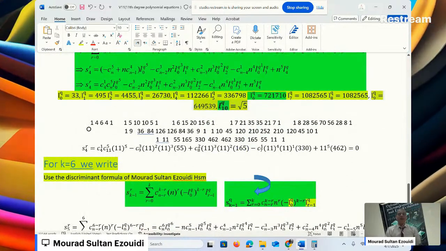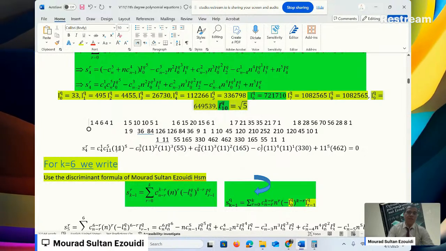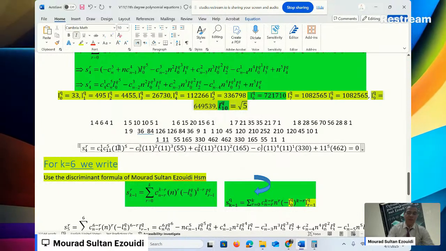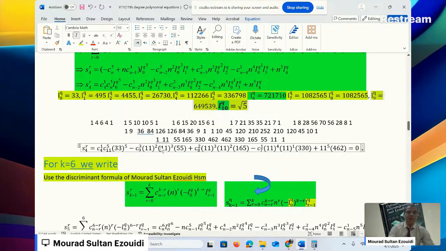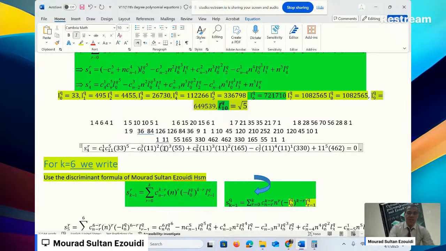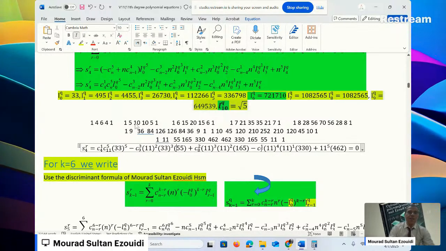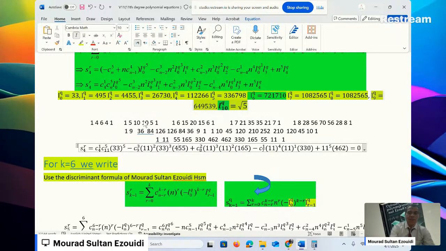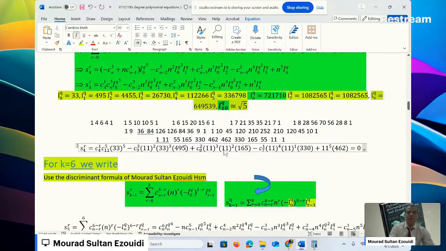Now I will change the coefficient. This is of course 11 raised to the power 5. I will make 33 because n0 is 33. Of course, this is going to be 33. This is in total 495 raised to the rest. This is 33 squared.